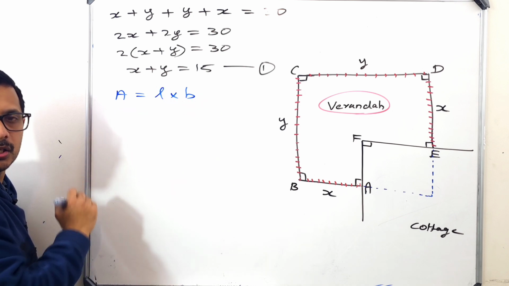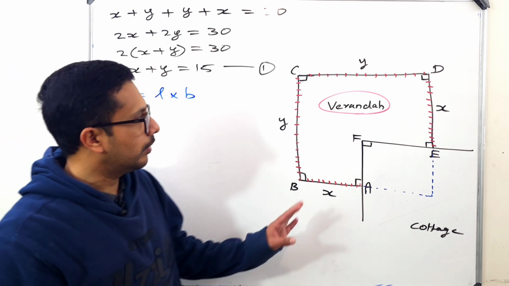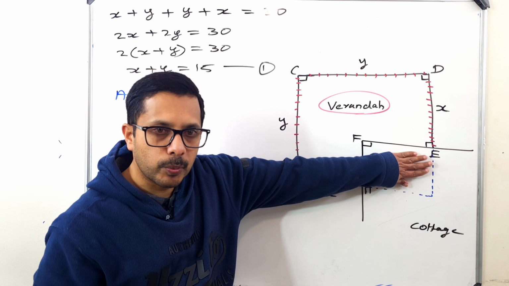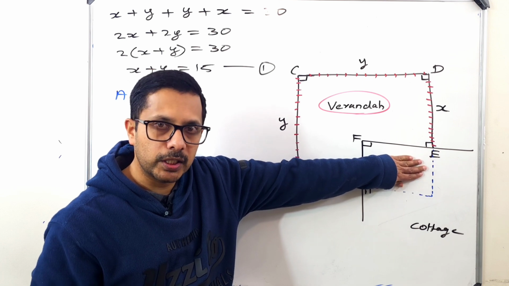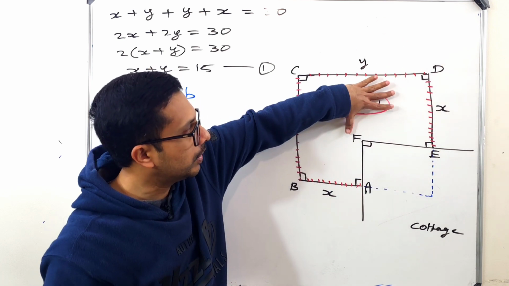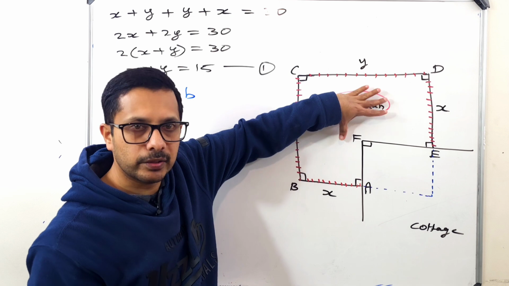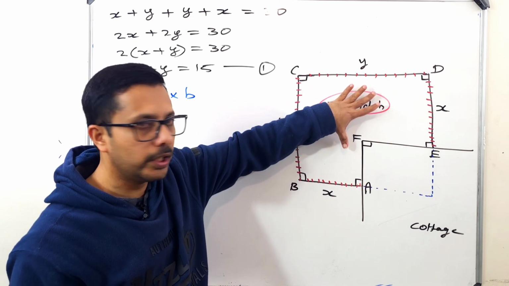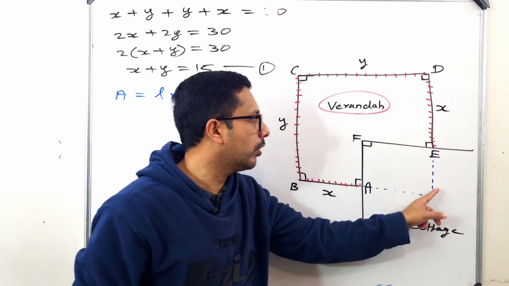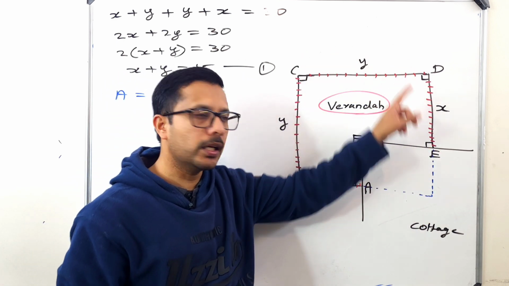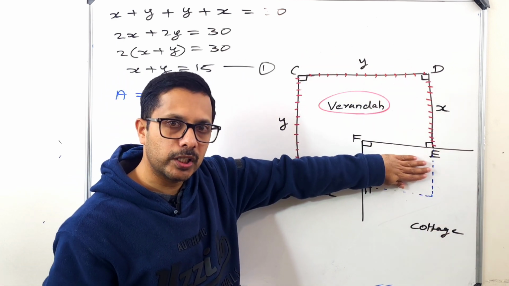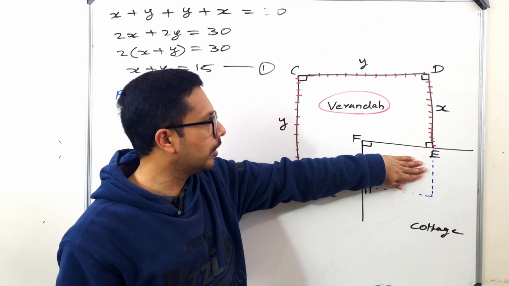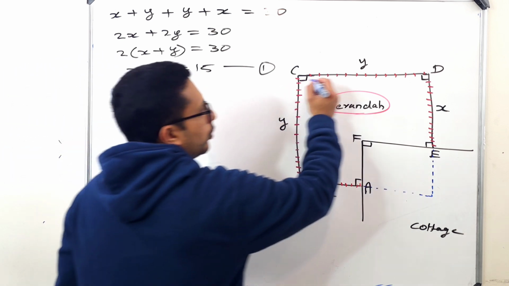I don't want to find the area of this part, because this part is a part of the cottage. I want to find the area of the veranda only. So how can you find the area of the veranda only? First you find the area of the full part minus the area of the cottage part. Do you understand? So how can I find the area of the full part?